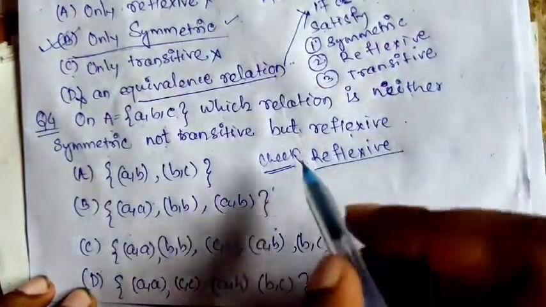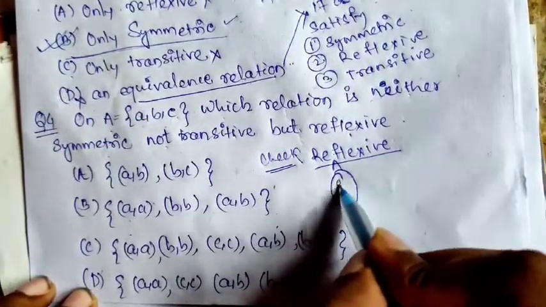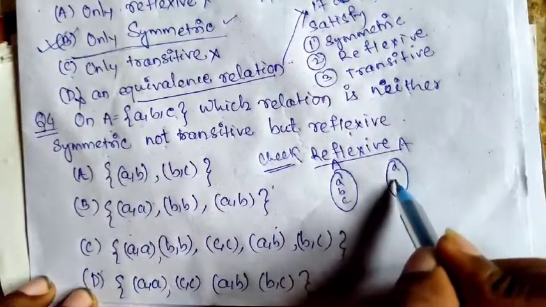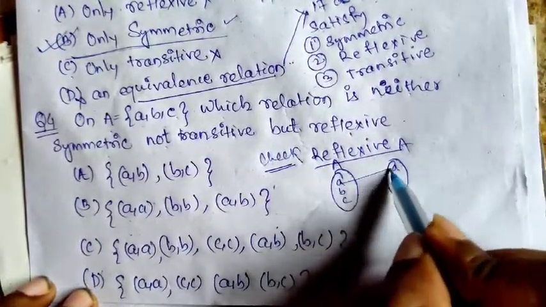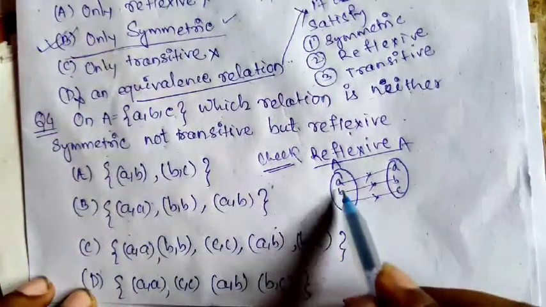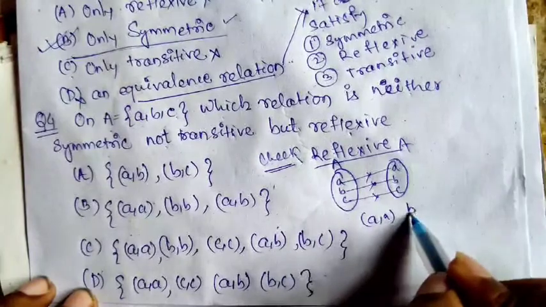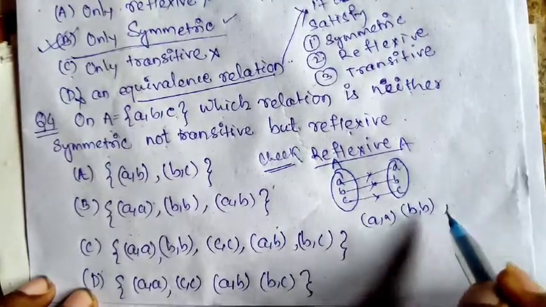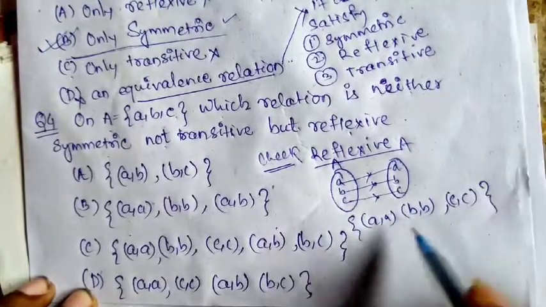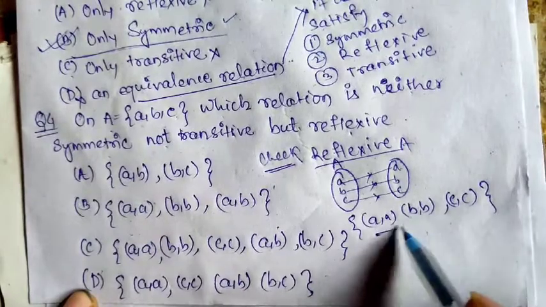For reflexive we know that each element of set A maps with itself, so a maps with a, b maps with b, c maps with c. So (a,a) is required, (b,b) is required, and (c,c) is required. So check which of the 4 options carries these ordered pairs.